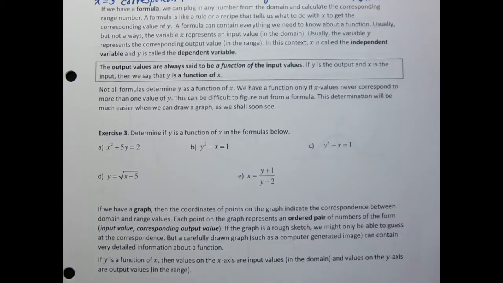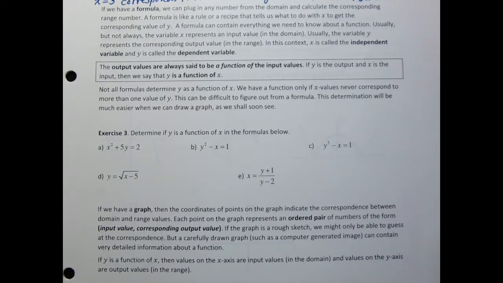If we have a formula, we can plug any number from the domain and calculate the corresponding range number. A formula is probably the most common way we represent functions in mathematics. Formulas are going to be incredibly important for us. A formula is like a recipe for the function.